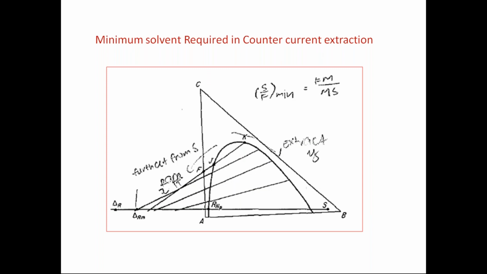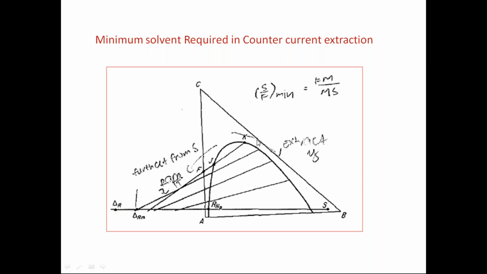Coming to the estimation of the minimum solvent requirement in counter current extraction, like in a continuous distillation column where you found R minimum. Here, I have taken a right-angled triangle with a binodal curve on it, and you have an S point here and an F point here.